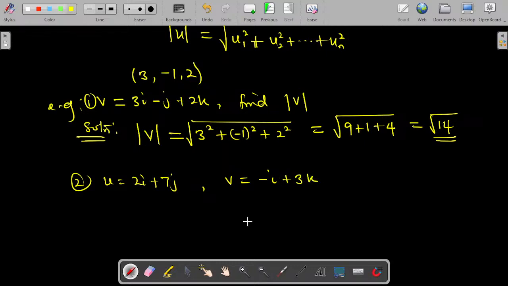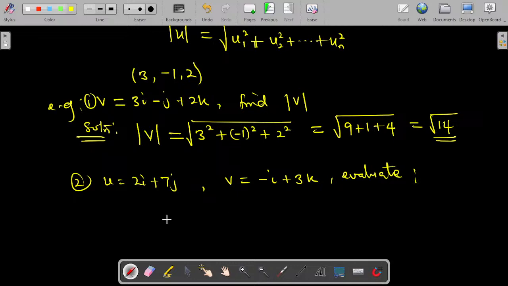And you are given a question: evaluate the following. I am going to use this now to cover the concept of addition and subtraction.